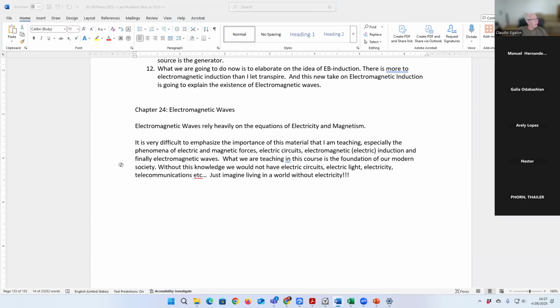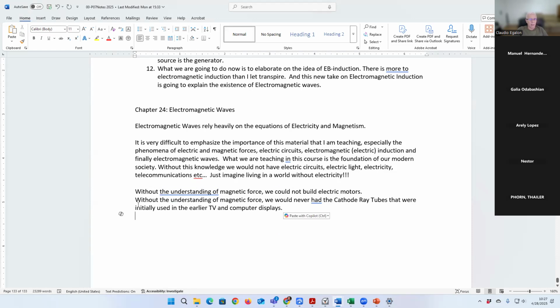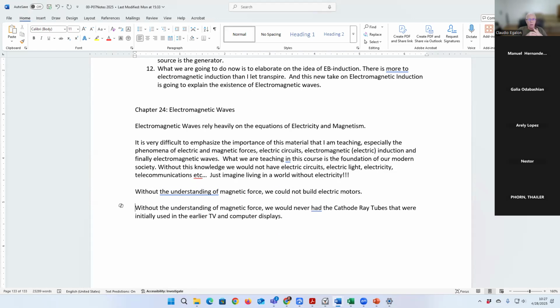Think about that. Without the knowledge of magnetic force, for instance, we could not build electric motors. Without the understanding of magnetic force, we could never have created a cathode ray tube, the screens initially used in the early TVs and computer displays.